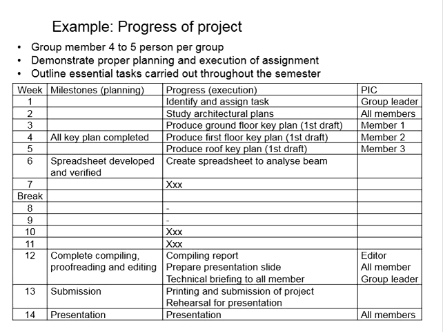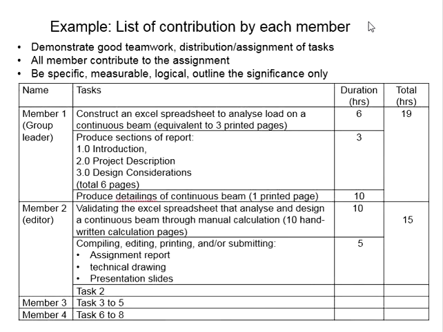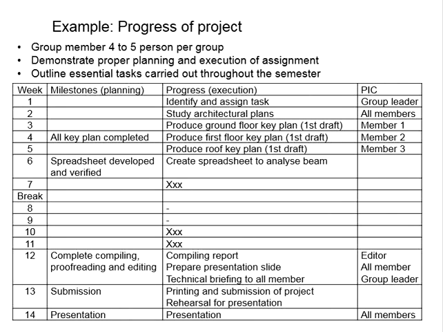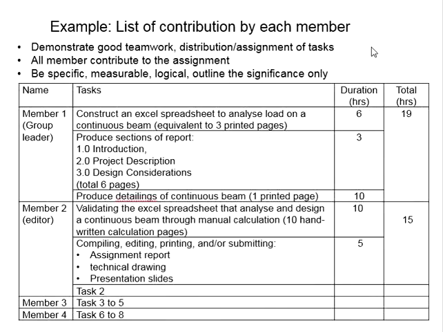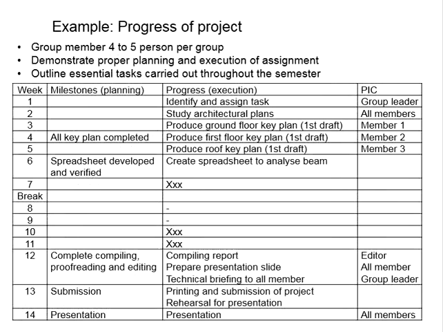There could be some minor contradictions between the information provided in the progress report and also the contributions of each member. It is also possible that these two reports are produced by two different members. So personally, I will not penalize the students, even though they may look suspicious.